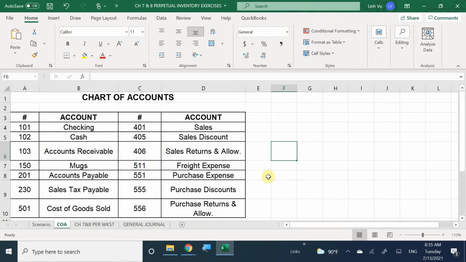What accounts will I be using? Account number 150 for mugs. Good. And then accounts payable 201. Perfect.